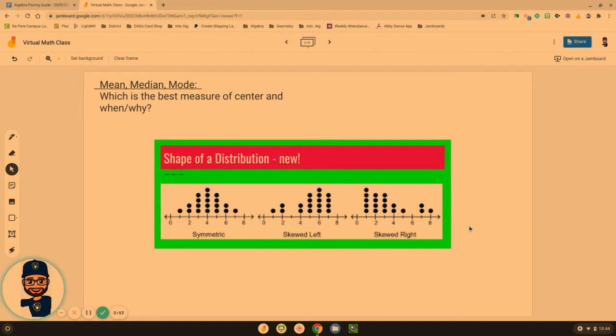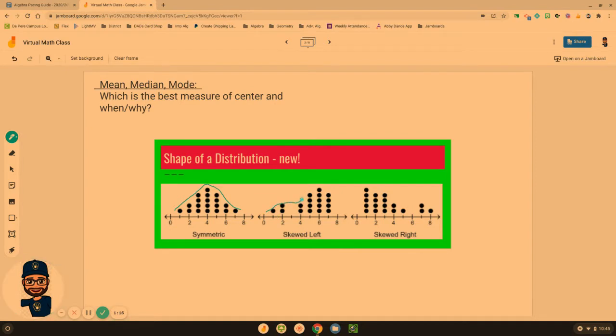Last week, we slowly looked at the shape of a distribution based on box plots. Here's a good diagram to help you understand which one's skewed or not skewed. Let me do each one of these in a different color. If we tried to draw an outline and a number line in a sense, there's what symmetric looks like. It's kind of even on both sides.